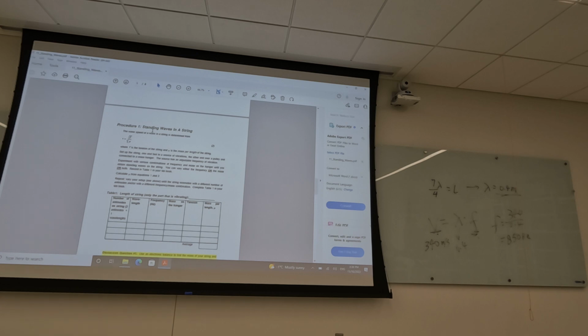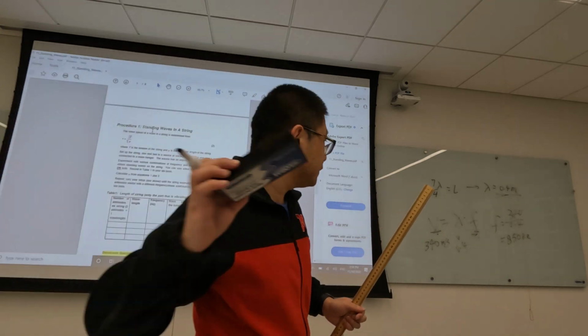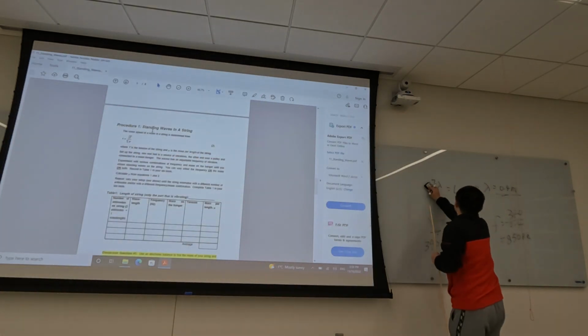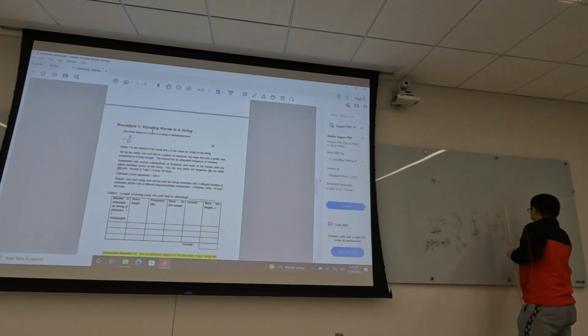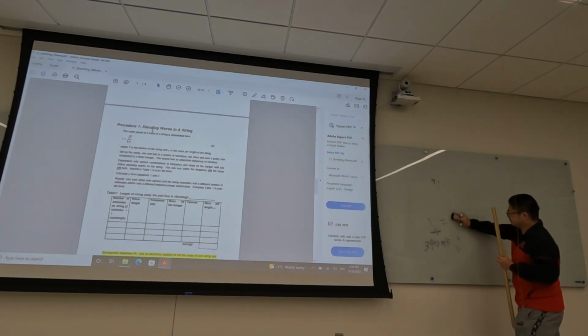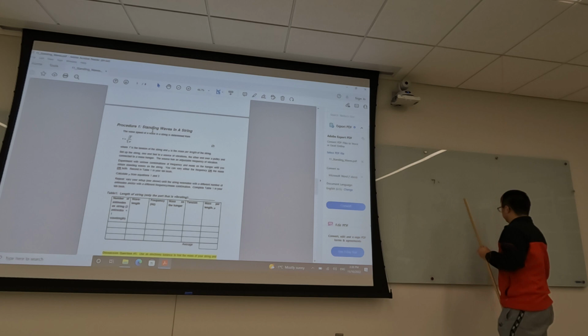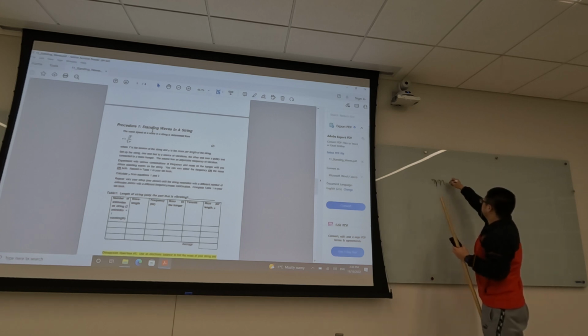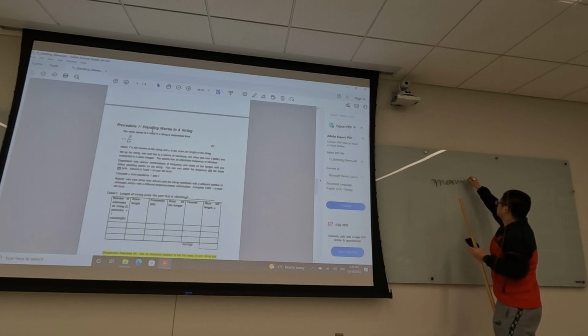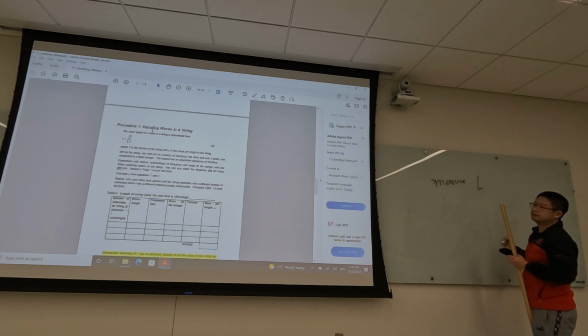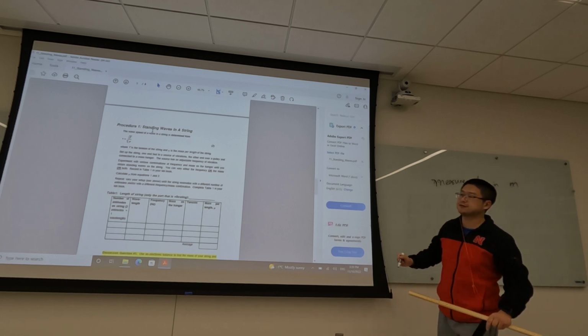Measure the length of the string in meters; convert it to meters.